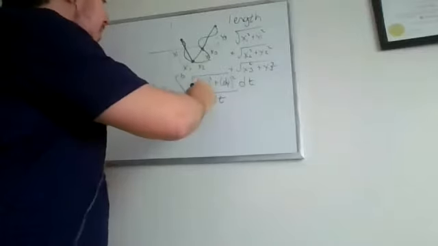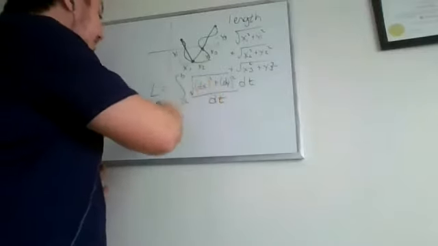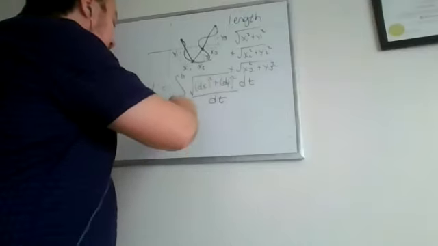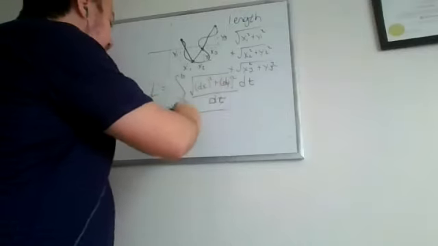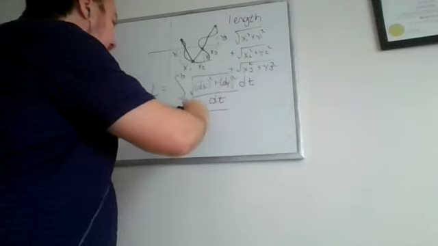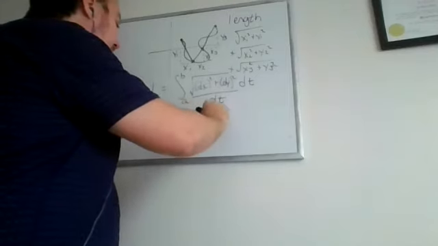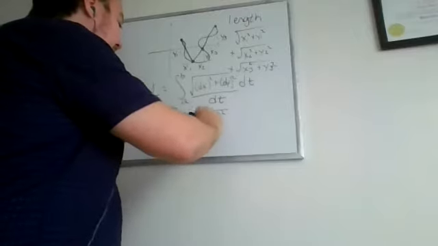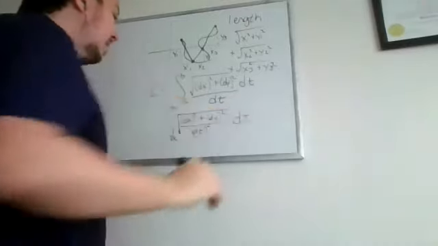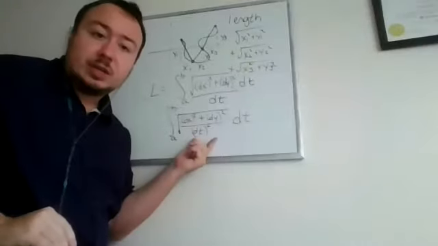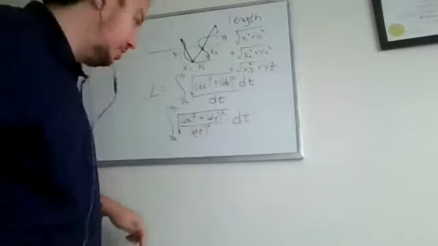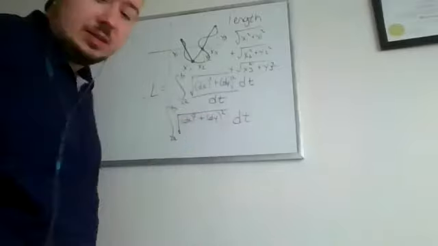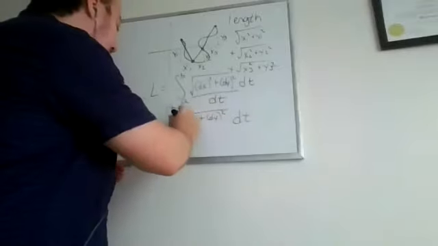Now, what's going to happen is that I'm going to move this dt into the square root. But whenever we move anything into a square root, it becomes squared. We have dt squared, and then we have this dt out here. And then finally, I'm just going to split up this fraction. So I'm just going to erase this. We're going to split that fraction, and I'm going to divide by each of these separately.